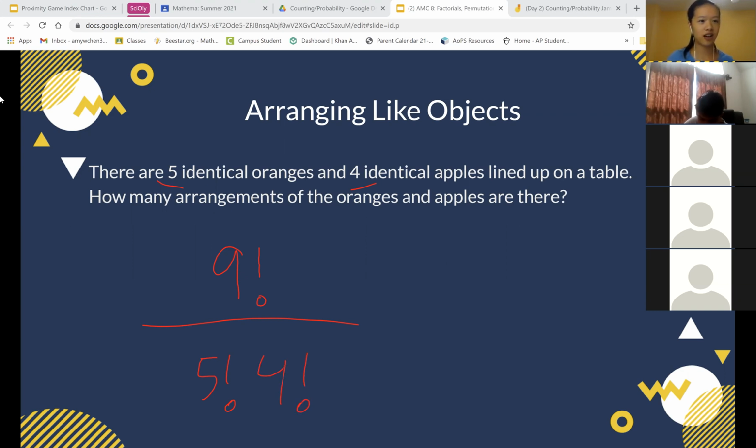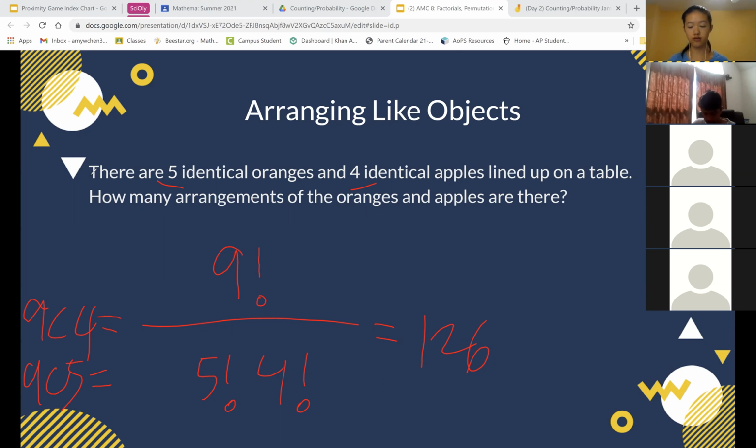I see a couple of you got the answer now. You just do 9 factorial divided by 5 factorial times 4 factorial, and that is 126. In fact, you might even recognize this is just 9 choose 4, which also happens to be equal to 9 choose 5. If you choose the positions of the apples first, the oranges just fall into all the empty spaces.